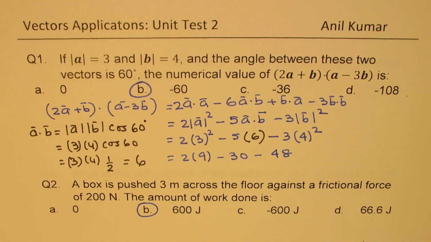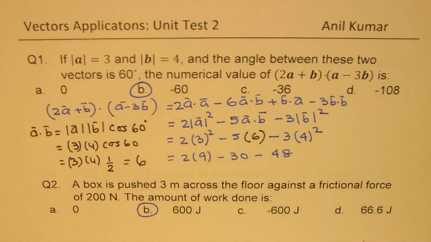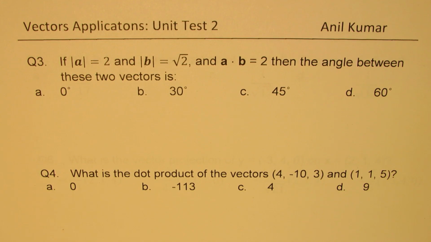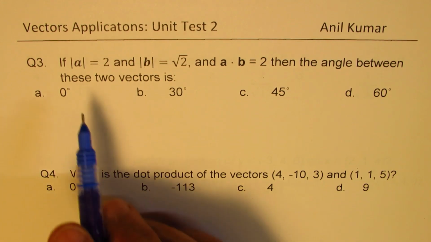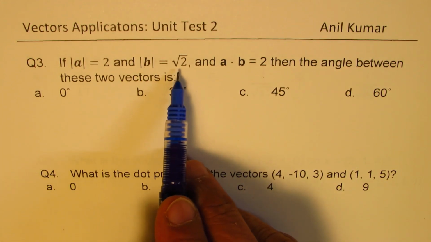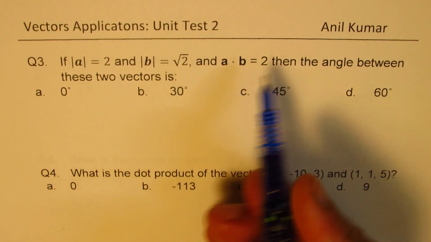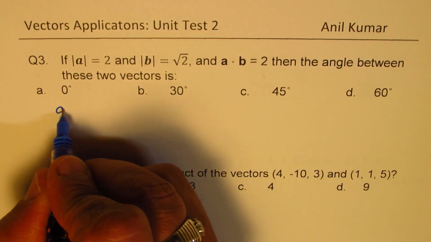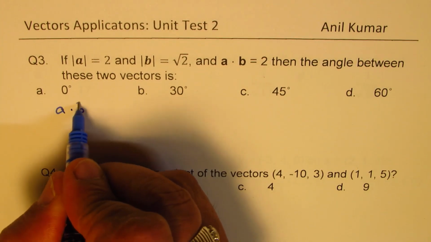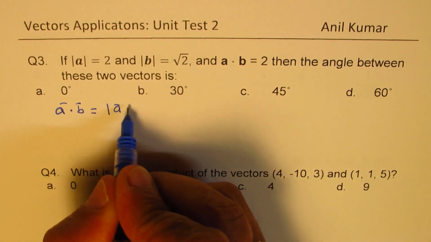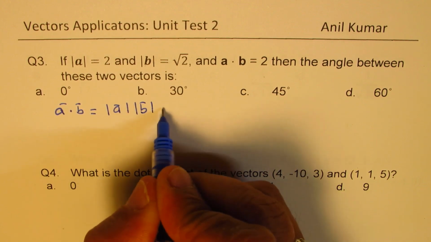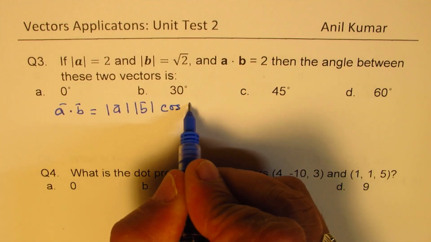Now let's look into the next question, which is, if magnitude of A is 2, magnitude of B is square root 2, and A dot B is 2, then the angle between these two vectors is what? So A dot B is basically equal to magnitude of A times magnitude of B times cos of angle between them.